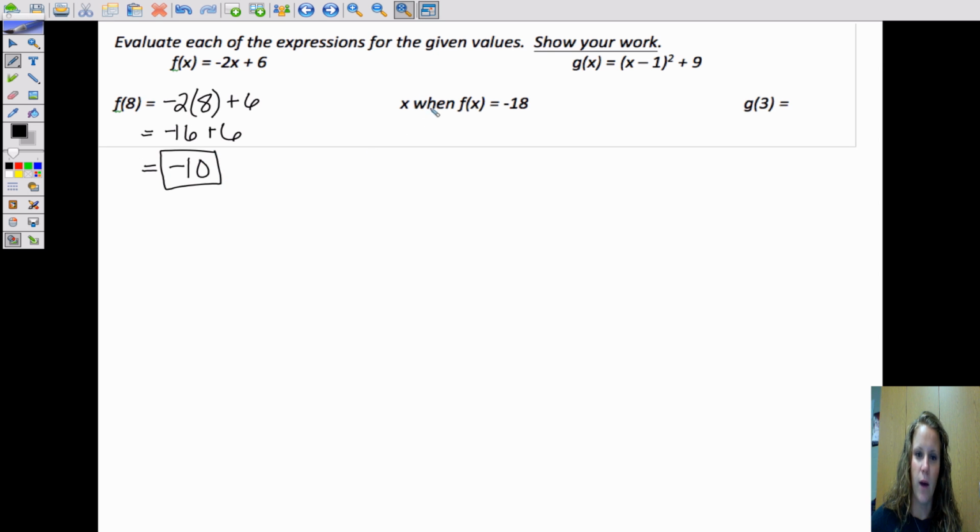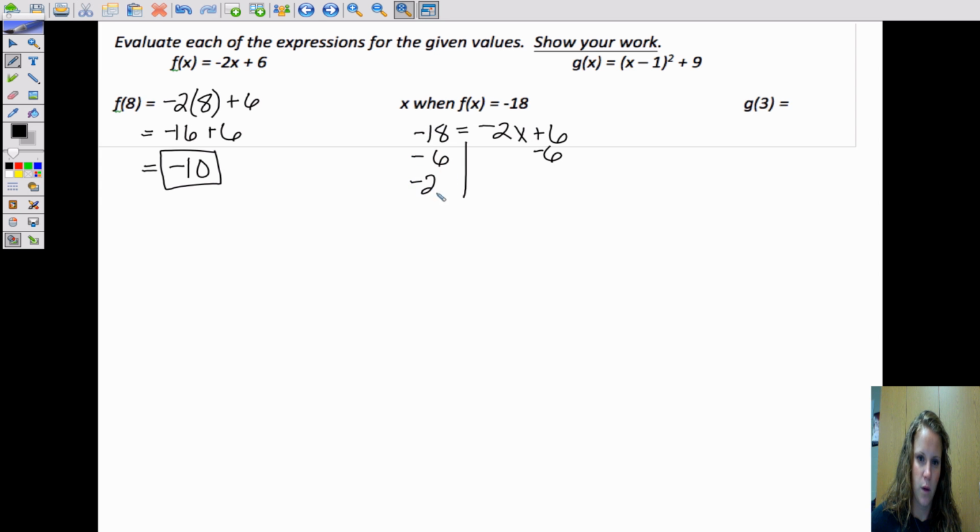Okay? Now x, when f of x is negative 18, is basically saying what's x when y is negative 18. So we substitute just like we would have before. Instead of f of x, we write negative 18 equals negative 2x plus 6. And we solve just like we have in the first unit. Minus 6 from both sides.